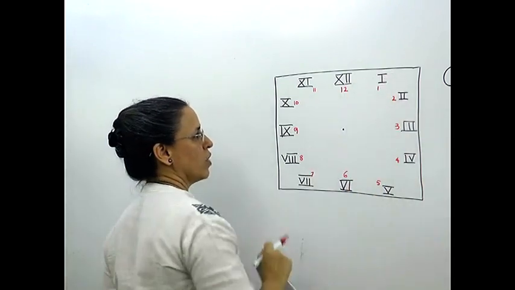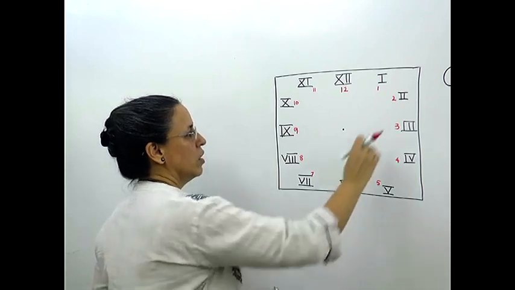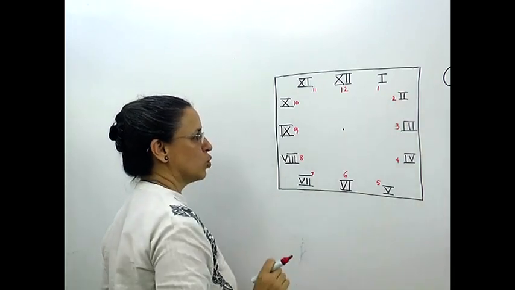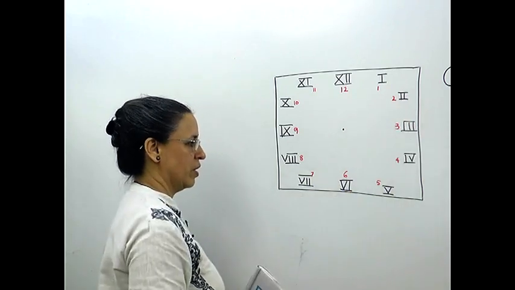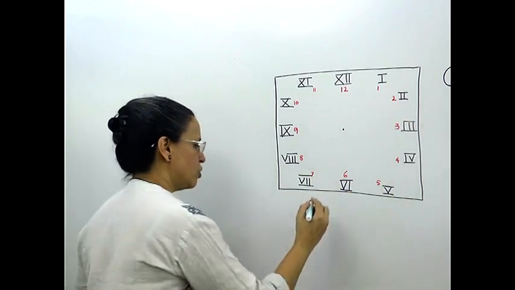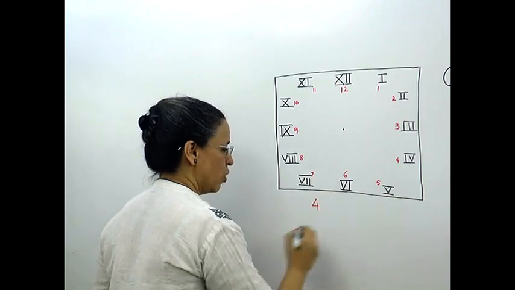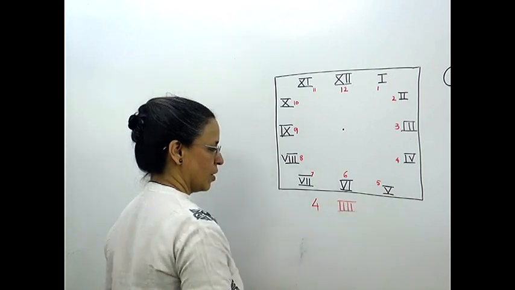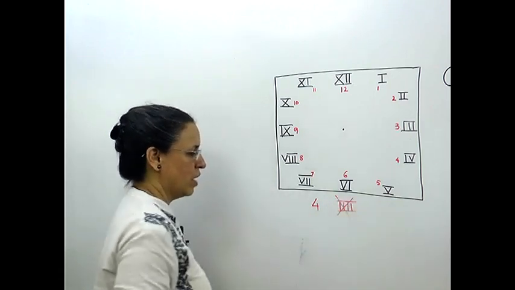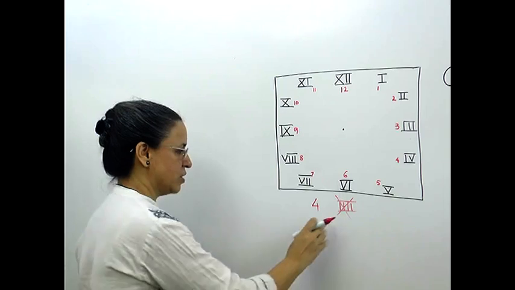One line gave us number 1. 2 lines gave us number 2. 3 lines gave us number 3. Now many people used to think that for 4, why can't I write 4 lines? No, this is wrong. Understand why we don't write it this way.